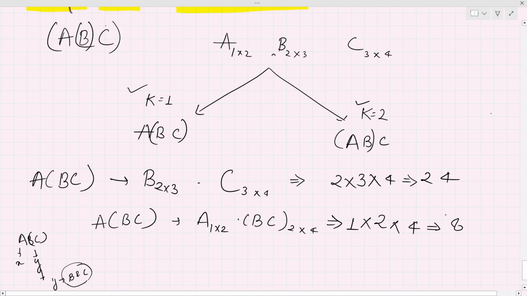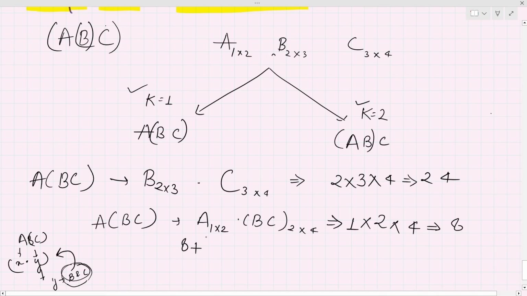Now if you leave it as it is, if you leave 8, this is not your correct answer, because it's a multiplication of x and y. You are not adding the value of b and c. For the full result, you have to add the value of b multiply c.